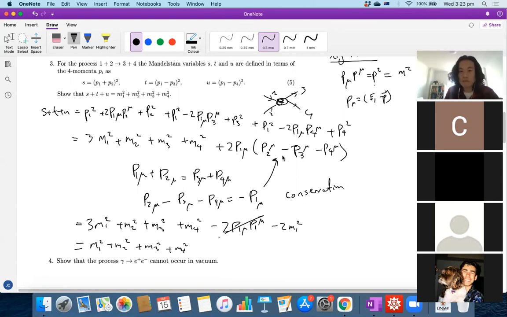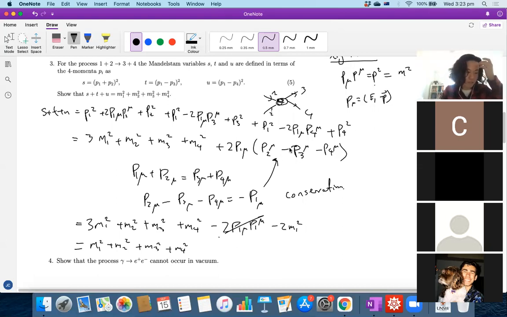So yeah, the only trick is knowing that P squared is equal to m squared, and then using four-momentum conservation to simplify this term. If you expanded out each inner product individually and used the energy and 3-momentum conservation individually, you will also arrive at the same answer.